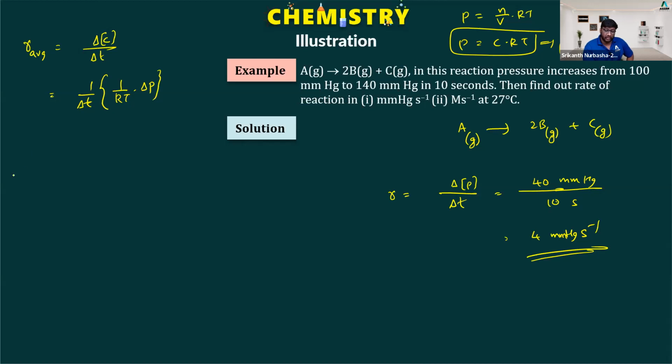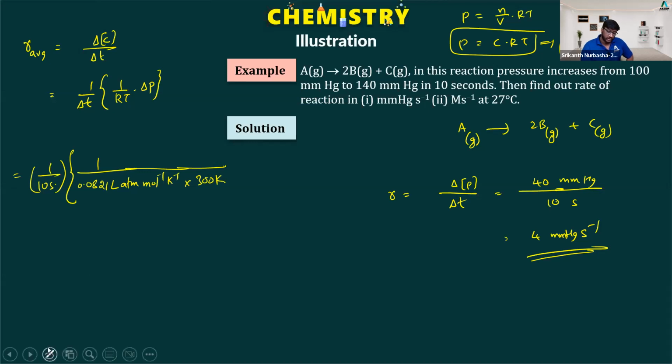So 1 by delta T, what is delta T? 10 seconds, into 1 by R. R value is 0.0821 liter atmosphere mole inverse Kelvin inverse. Temperature is 27 degrees Celsius, that means 300 Kelvin. Delta P is 40 mm of Hg.